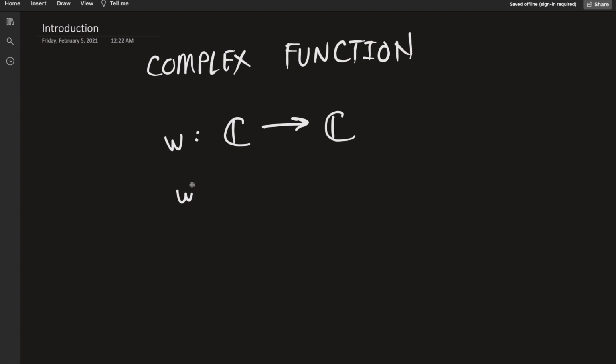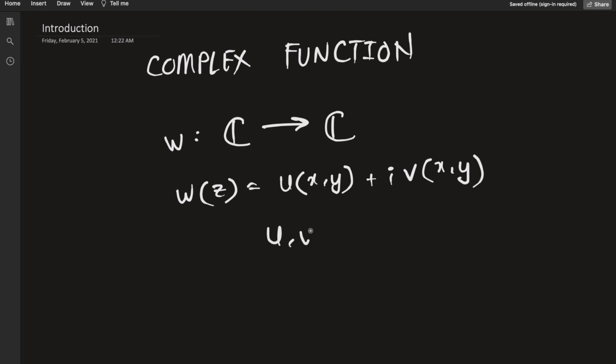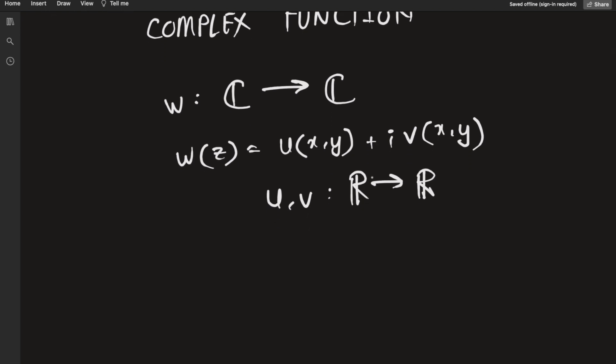Such a function, w of z, looks like some small function u of x and y plus i times a small function v of x and y, and u and v are both functions that take inputs in the real space and spit out something in the real space, so they're real functions, and x and y are real inputs.